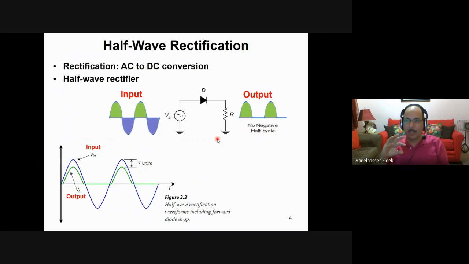Then when Vin is negative, the diode is open, and the capacitor will start discharging through the resistor. It generates a current and produces a voltage across the resistor, which is the same voltage across the capacitor. The voltage will drop, but will not drop to 0, depending on the value of RC.